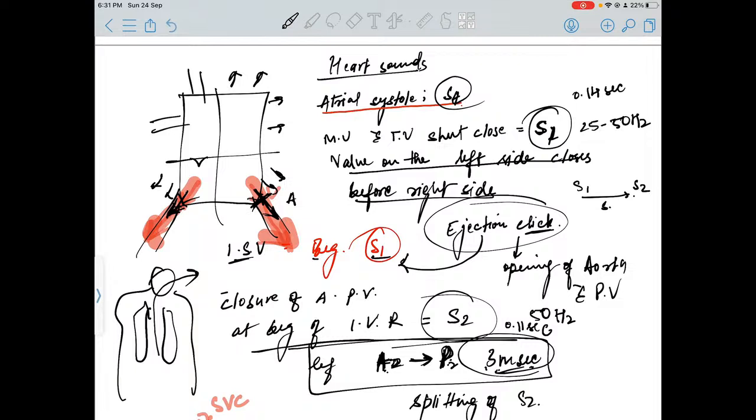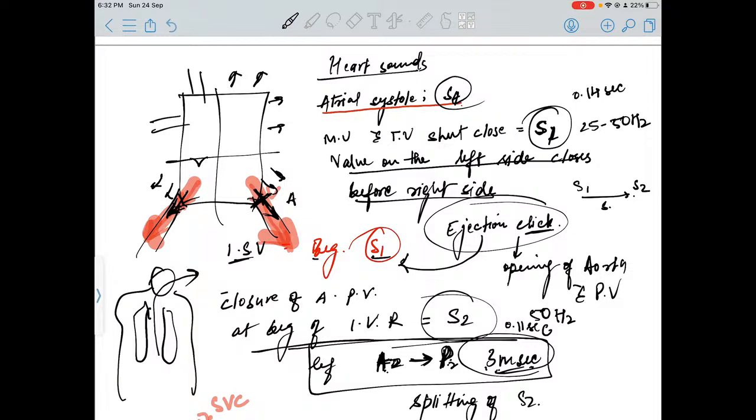Now, if there is abnormality in the heart sound, S3 is the gushing of blood because of the free fall of the ventricles, which is diastasis. S3 sound can be heard. That is most audible in athletes and in children.